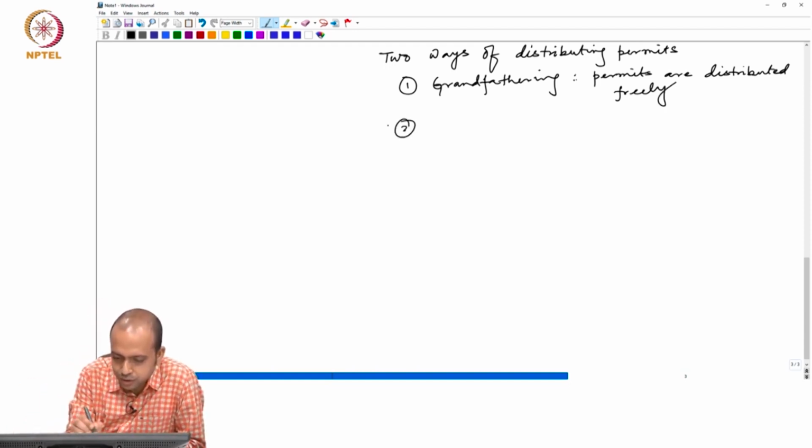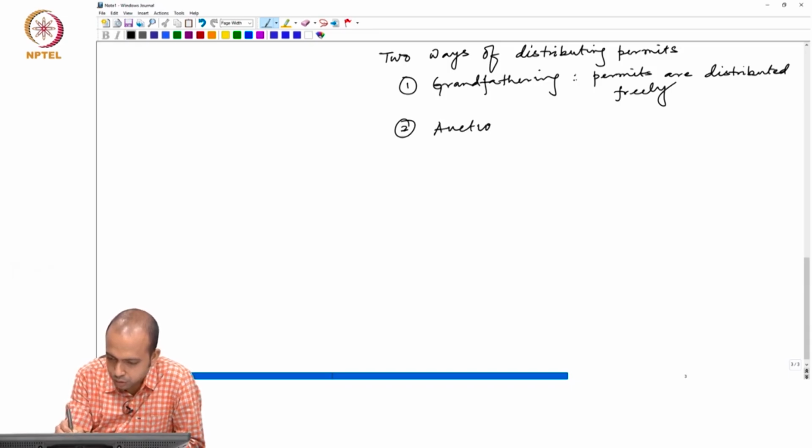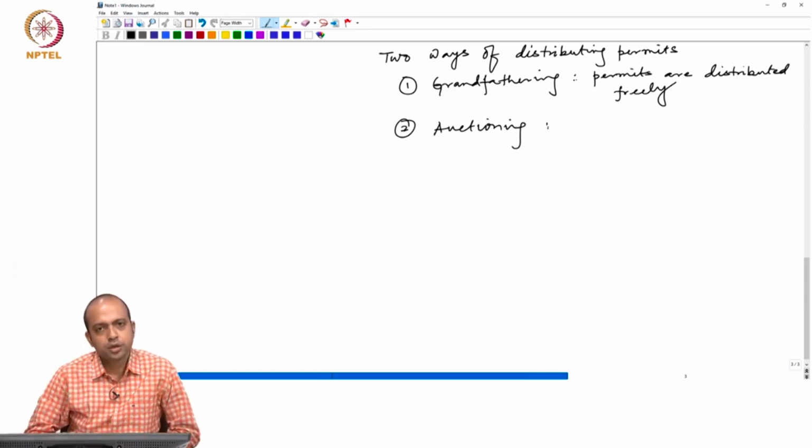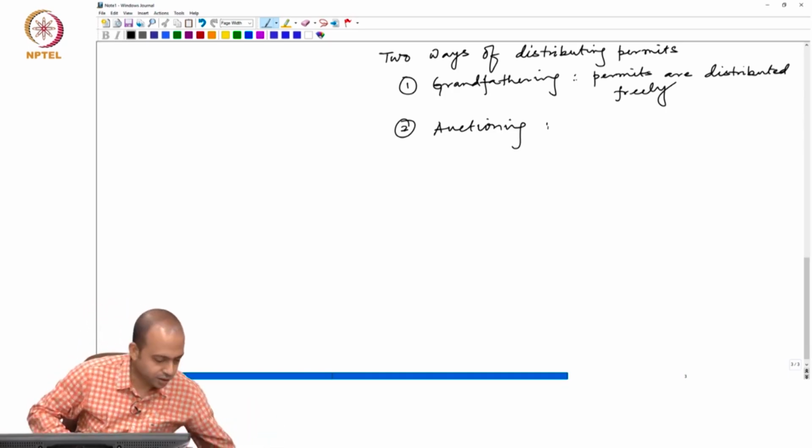And the second one is called auctioning, auction and bidding. The policymaker will call all the firms to come for auction and bidding, and then the highest bidder will get a permit.